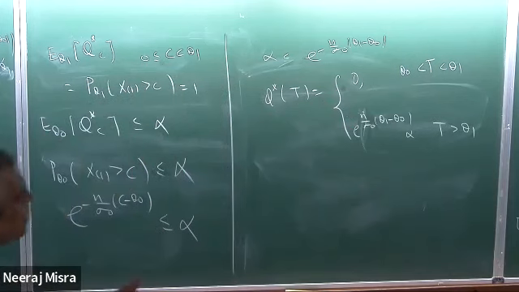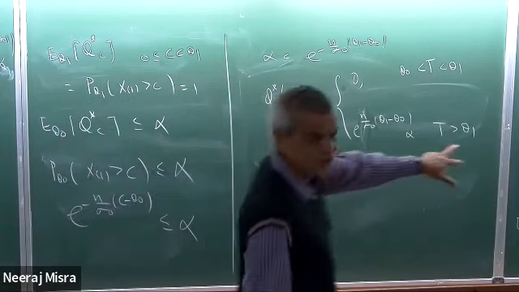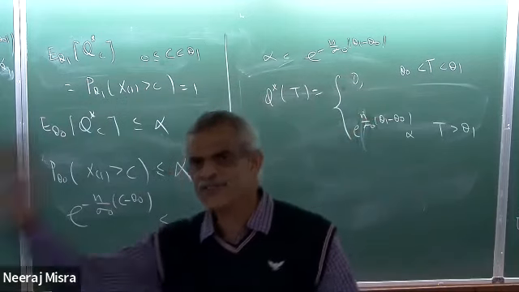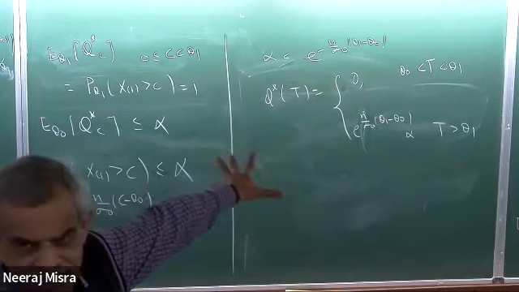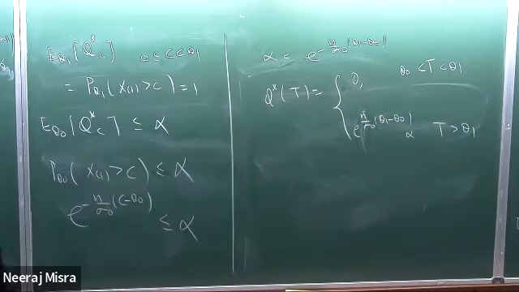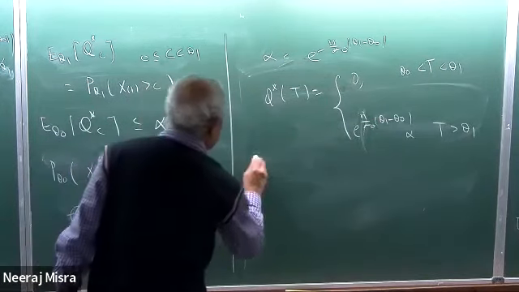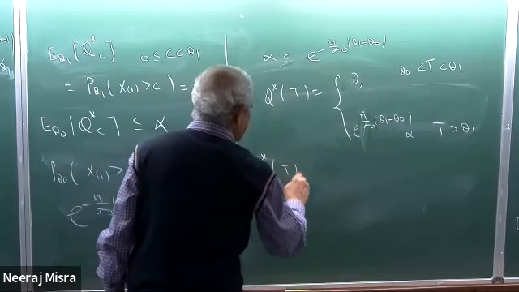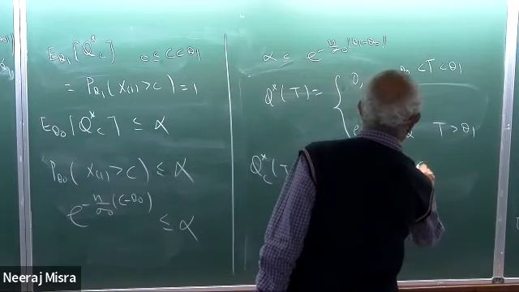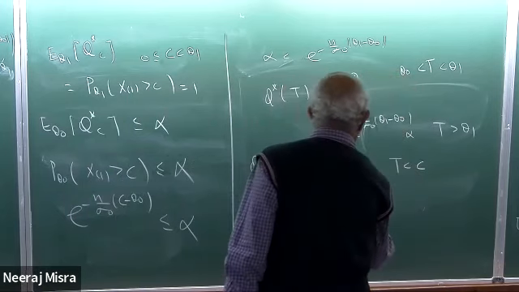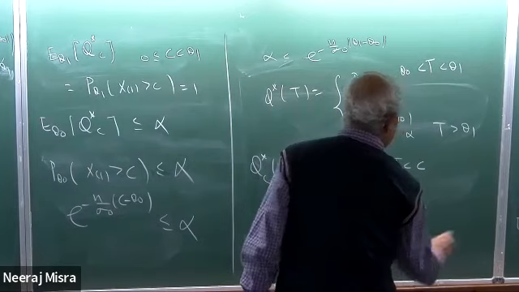So what I do is break this region, theta 1 to infinity, into two parts: theta 1 to c, and c to infinity. In theta 1 to c, I keep it as 0, and from c to infinity, I make it 1. This suggests that I consider this test: 0 if t is less than c, and 1 if t is greater than c, where c is bigger than theta 1.